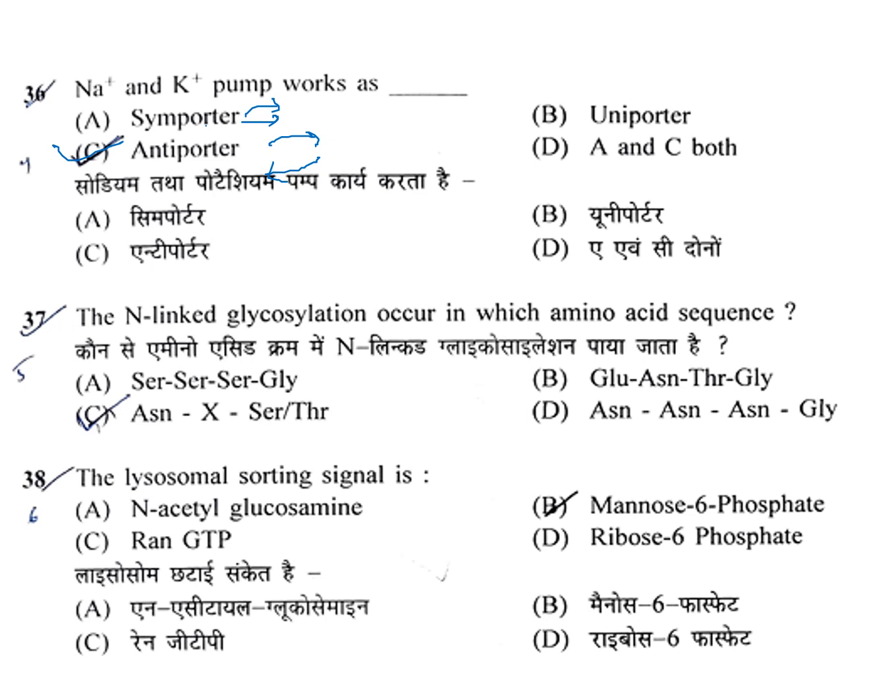Now the next question: N-linked glycosylation occurs in which amino acid sequence? N-linked and O-linked glycosylation are post-translational modifications, and N-linked glycosylation takes place in the ER, at a particular sequence present in the protein. N-linked glycosylation happens on asparagine.